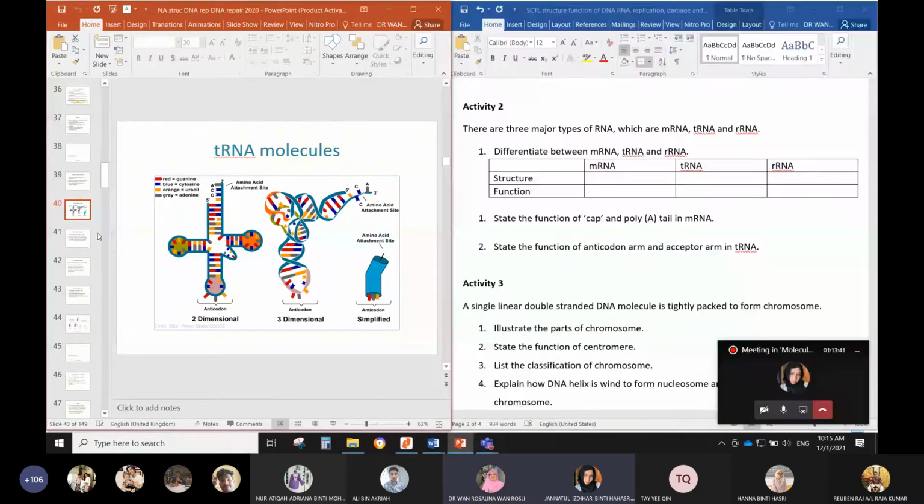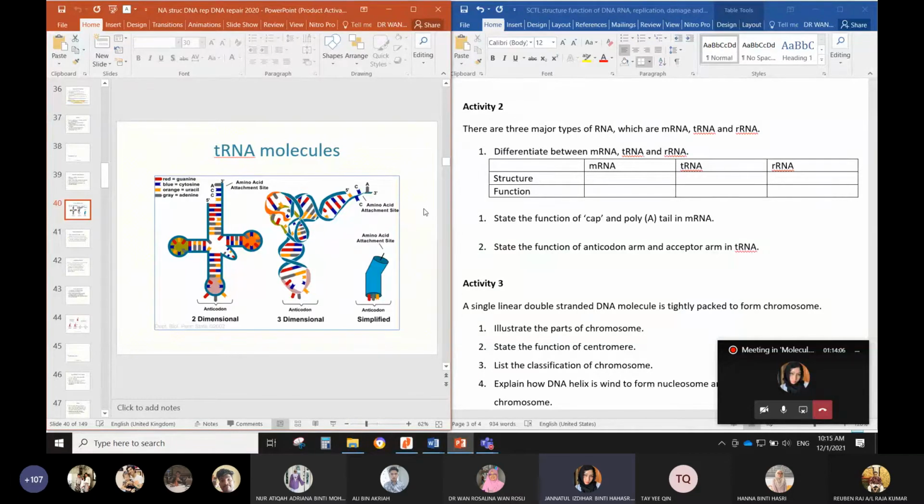Okay, Iz. So the anticodon arm functions to form 3 complementary base pairs with a codon during translation in the mRNA. Base pairing as in when guanine pairs to cytosine and adenine to thymine.